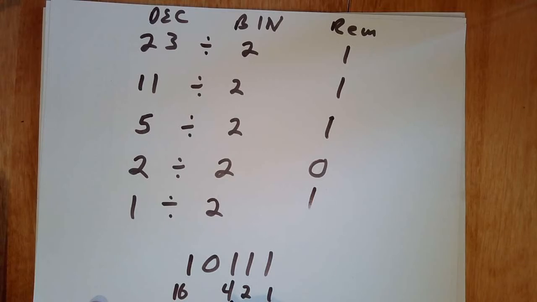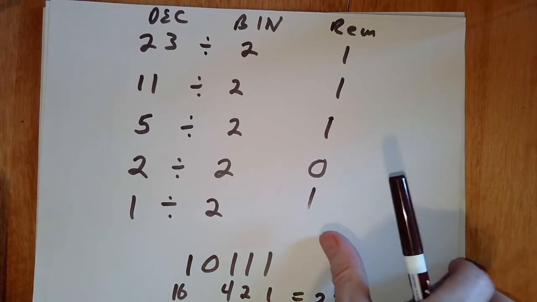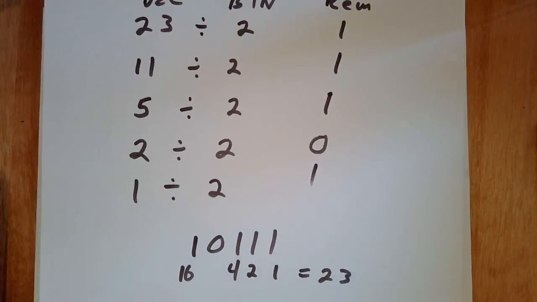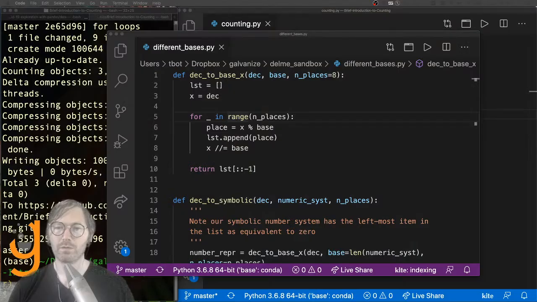So this is 16 plus 4 plus 2 plus 1, and that's 23. So we can see that we can convert back and forth using this algorithm. This will work for any number system, but let's go ahead and look at this using binary first. Okay.